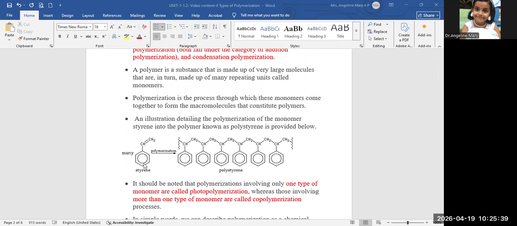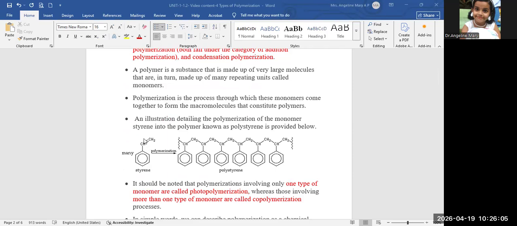This is a styrene structure. We have to take a number of styrene molecules. These styrene molecules undergo polymerization. It gives the polystyrene molecules. Once the monomer undergoes polymerization, it is converted into a polymer. So what happens in this?